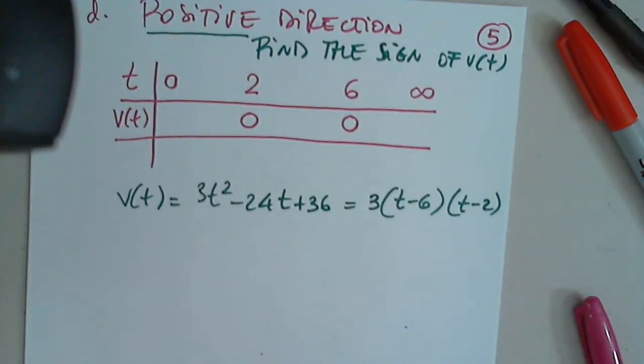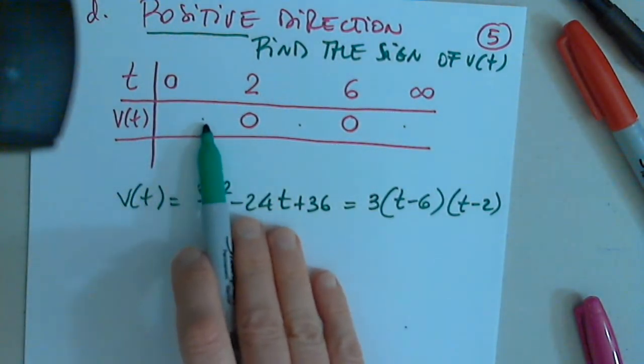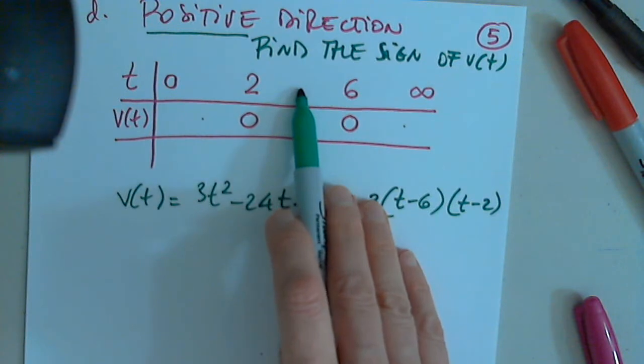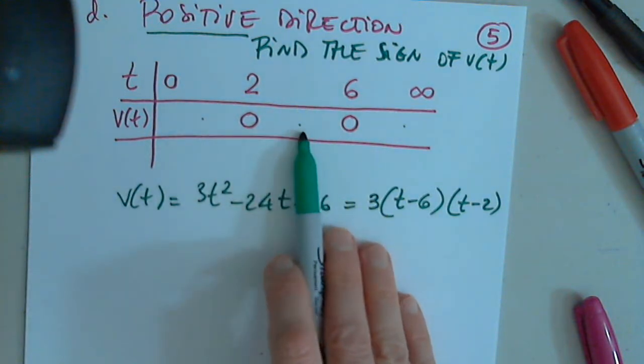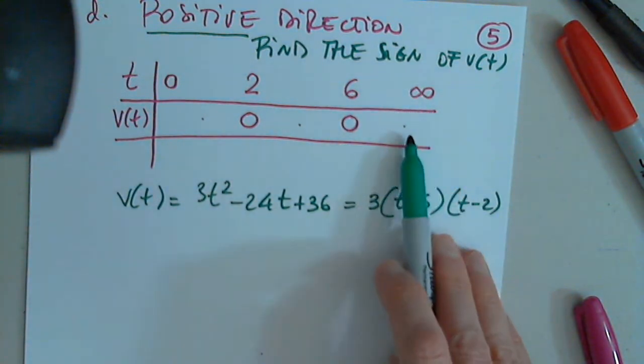Good. So I need a sign here, here, and here. You can plug in 0 and tell me the sign. You can plug in 4 or 3 or 5 and tell me the sign. You can plug in 100 or 10 or 15 and tell me the sign.